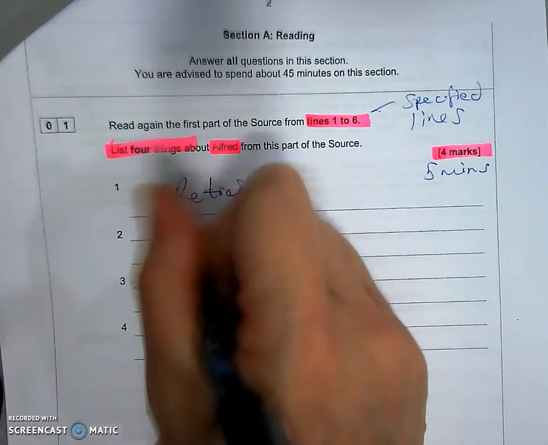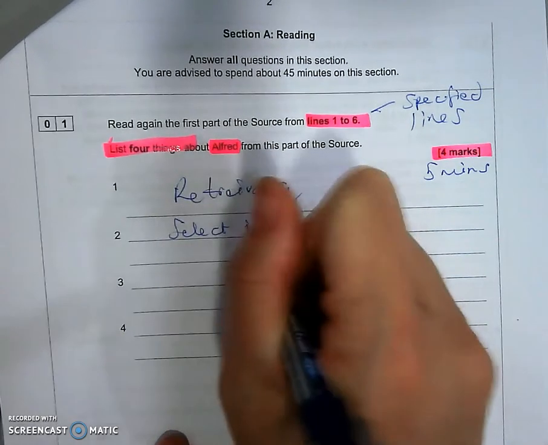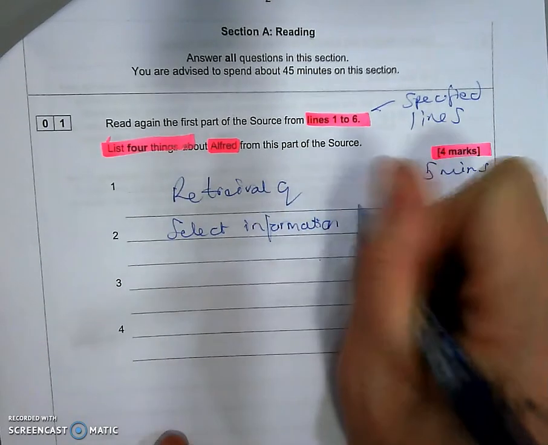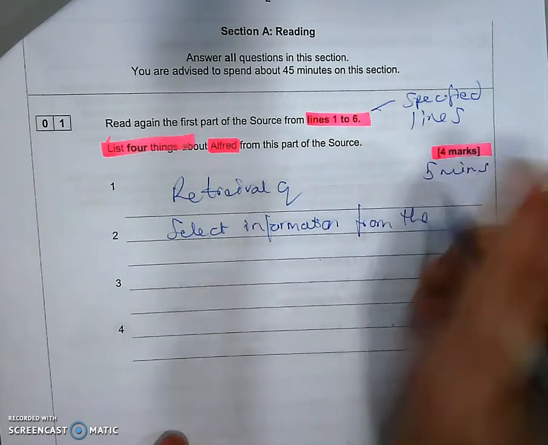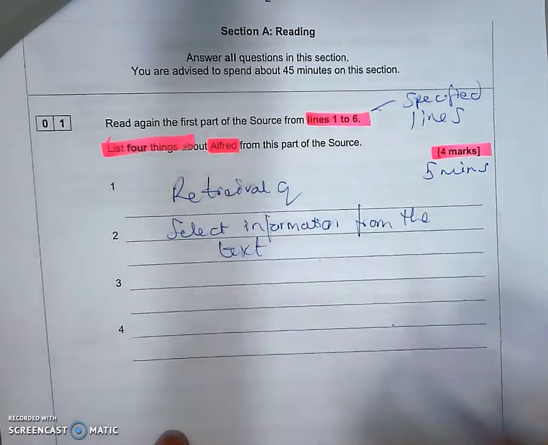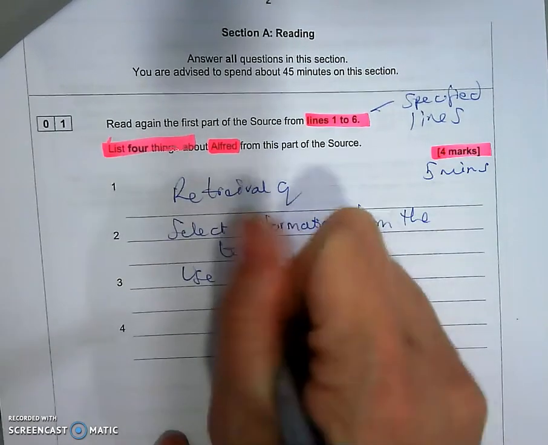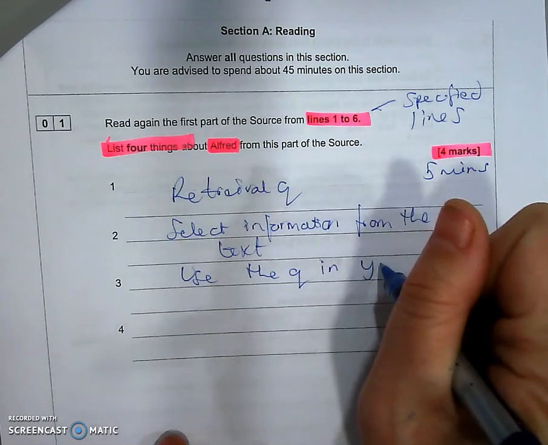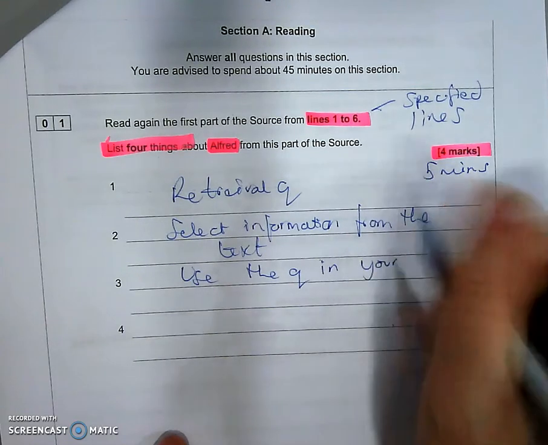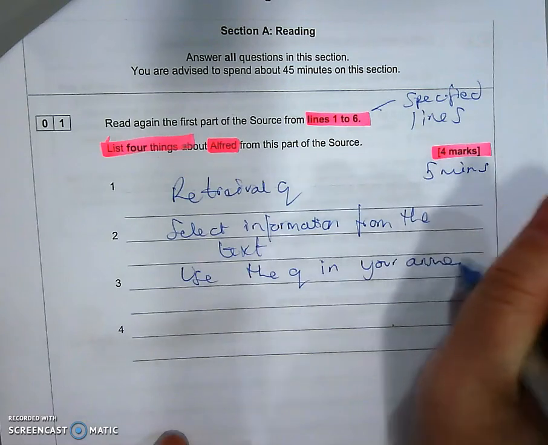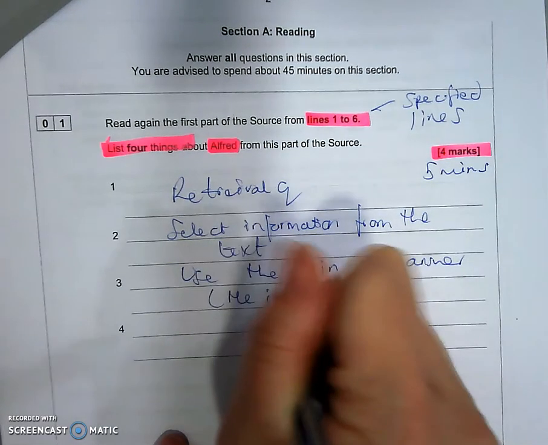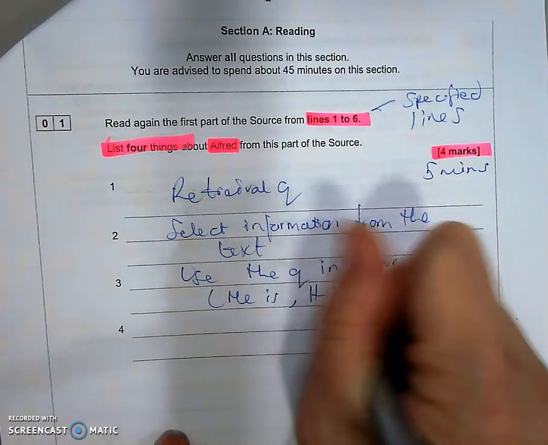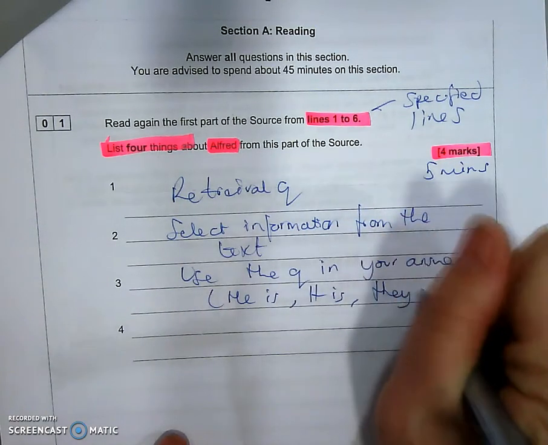We want to be able to select information from the text. It's a good idea to use the question in your answer. So, he is, Alfred, he is cold, for example, or it is, or they are.